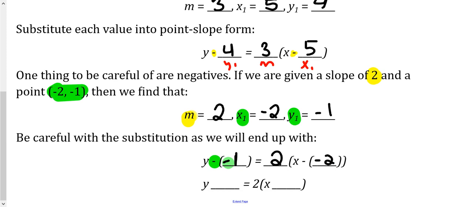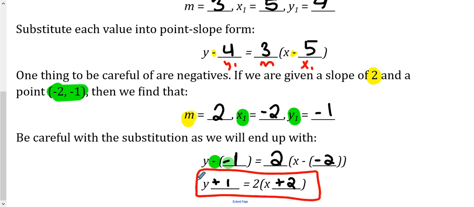So when I rewrite that, I want to be extra careful, right? Remember when we subtract a negative, that's a double negative. I'm going to see that as a y plus 1. And then when I'm subtracting a negative 2 from x, I'm going to see that as an x plus 2. We want to make sure we fully simplify, get rid of any weird double signs that we see.